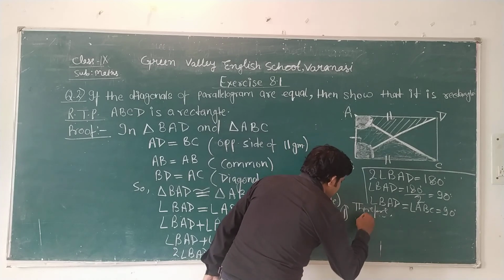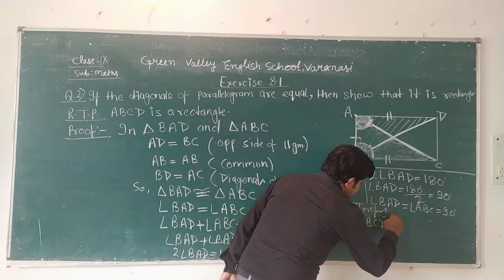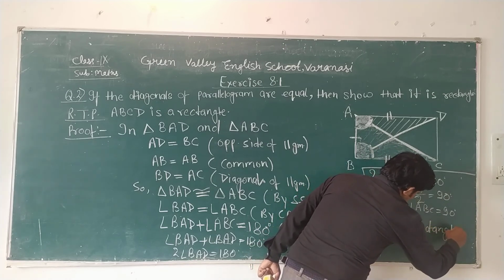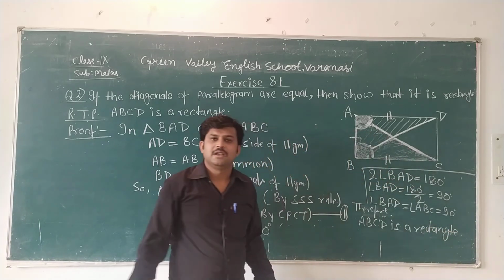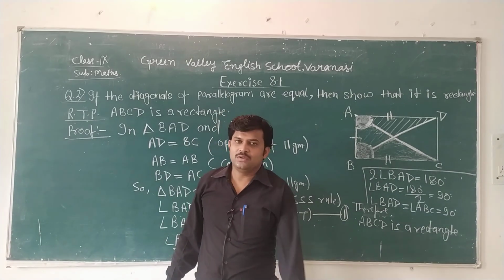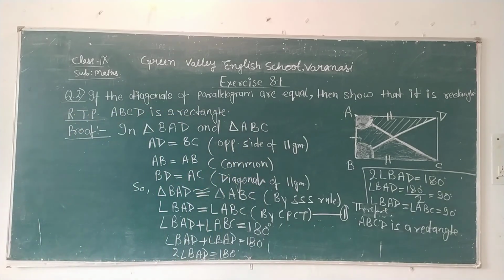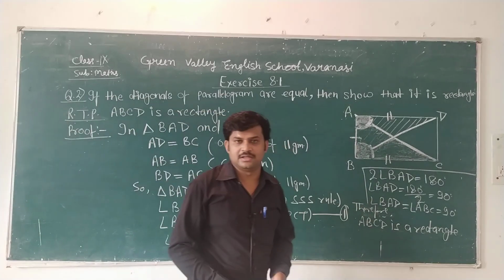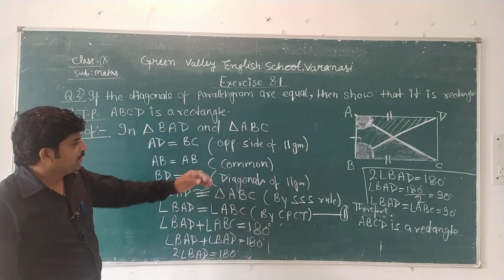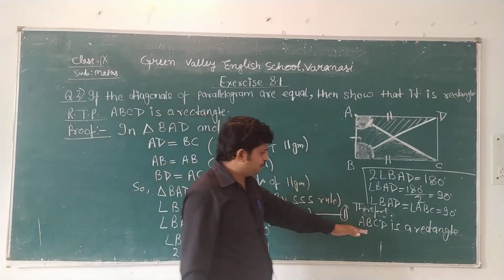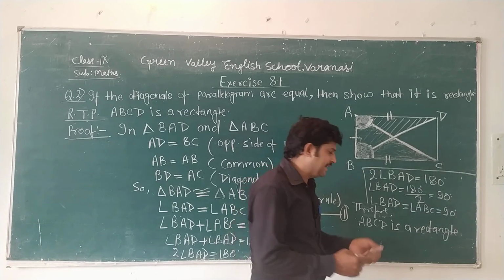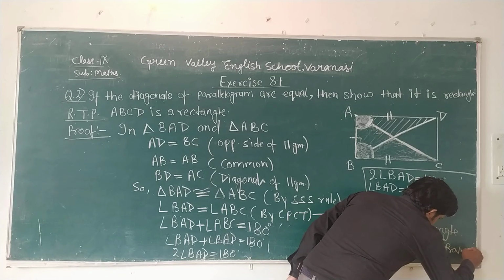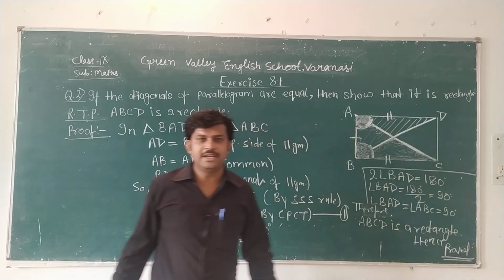Therefore ABCD is a rectangle, because any one angle of the parallelogram is 90 degrees. Now hence we proved it, ABCD is a rectangle. Hence proved. Thank you class.